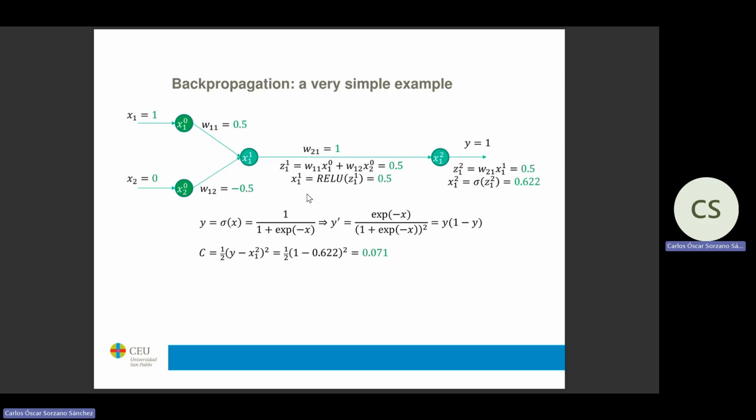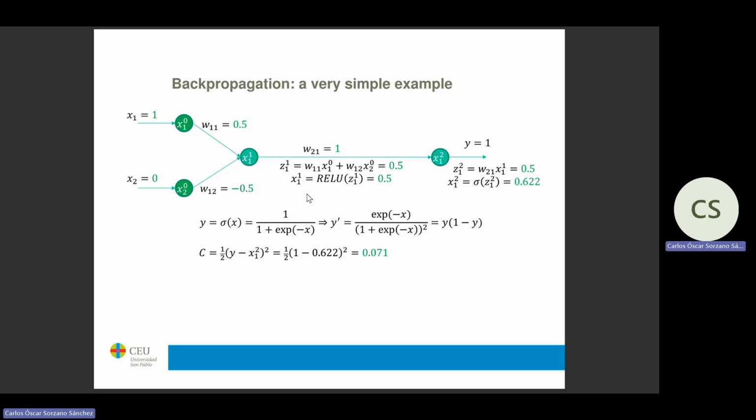So they go through the linear combination, and it is 0.5 times 1 minus 0.5 times 0, that is 0.5. Now let's say that our activation function here, to have something easy, is ReLU. So this is the linear combination. Now ReLU of 0.5 is also 0.5. So now we have the activation here.